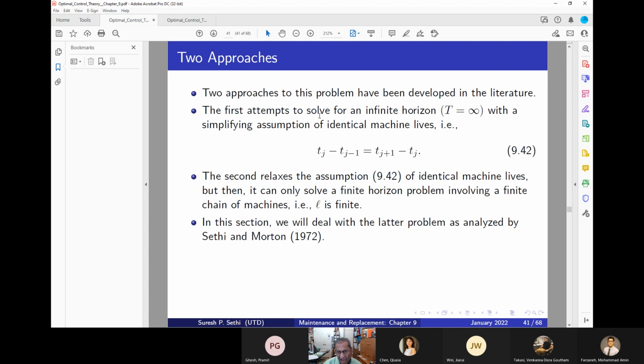One is that I will assume the horizon is infinite and each machine has to be kept the same amount of time. So if I decide to keep the machine for a year, then every machine has to be kept for 1 year. And our job is to find out whether that optimal time is 1 year or 2 years or 1 year, 3 months or whatever.